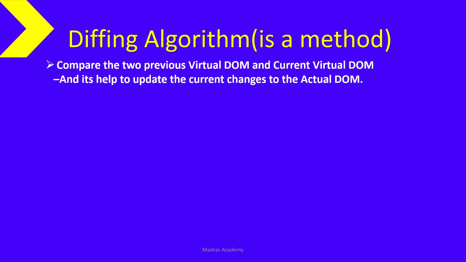Whatever current changes we are getting will be updated to the actual DOM. Like this, the diffing algorithm method will work.